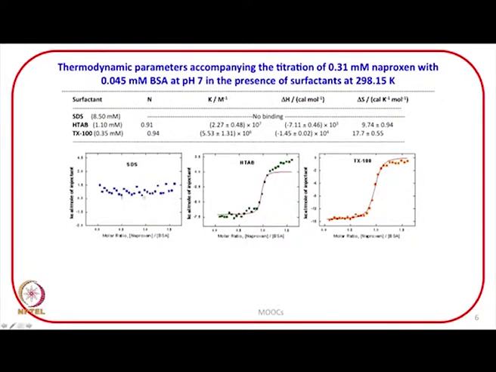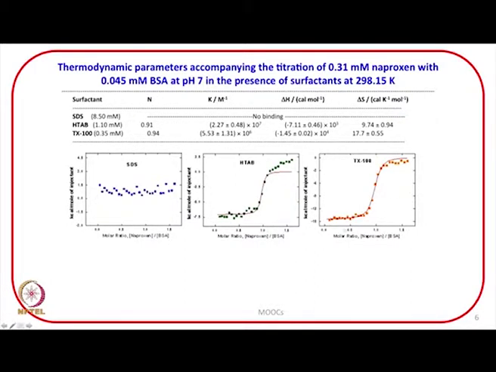In presence of sodium dodecyl sulfate, the concentration of which in this report was taken as 8.5 millimolar, it was observed that the binding is completely lost. As long as SDS at this concentration does not lead to denaturation of the protein, it establishes that the ionic interactions are significant, because it has sulfate, a negatively charged end.